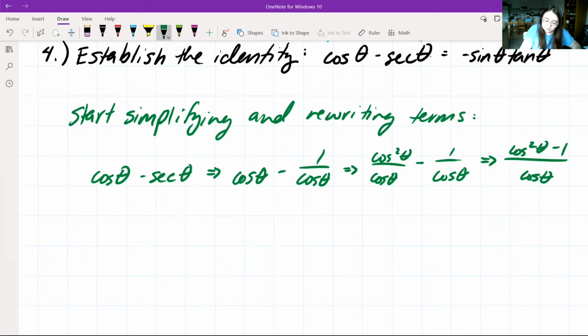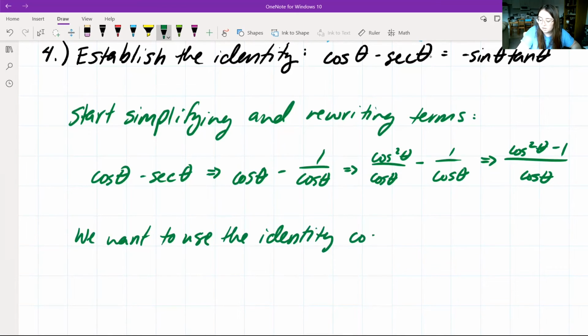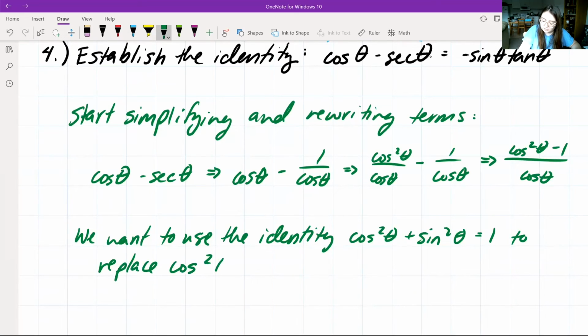Now what we want to do is use an identity we already have. We want to use the identity cosine squared of theta plus sine squared of theta is equal to 1 to replace cosine squared of theta minus 1.